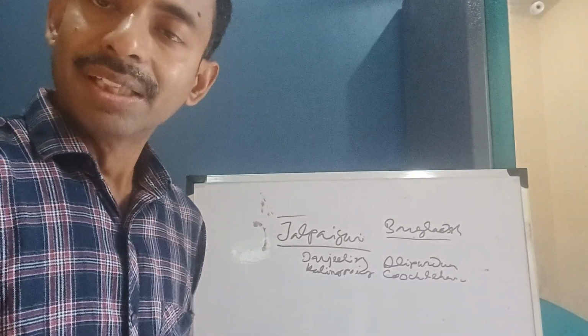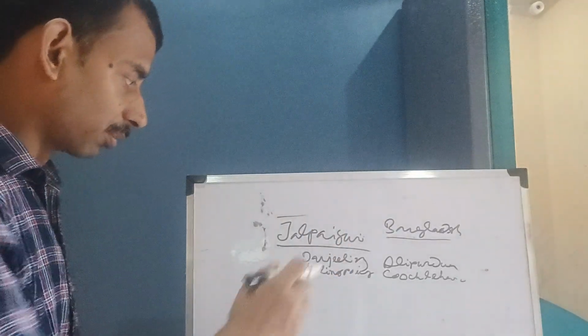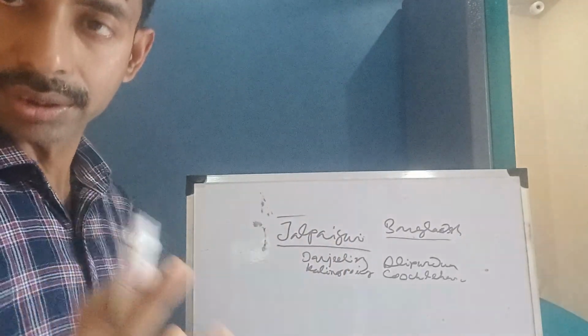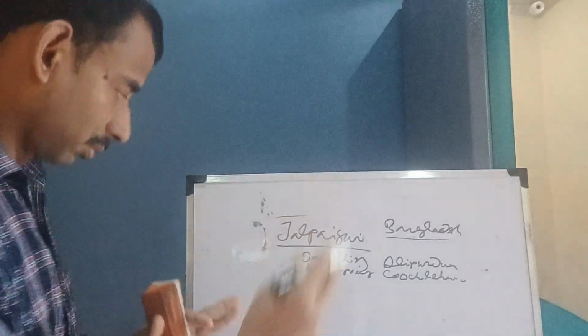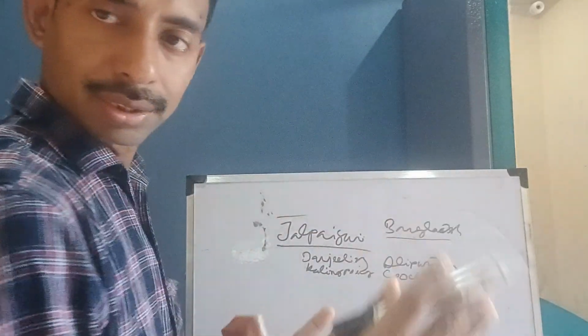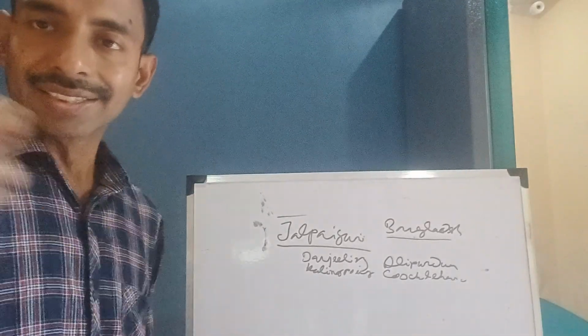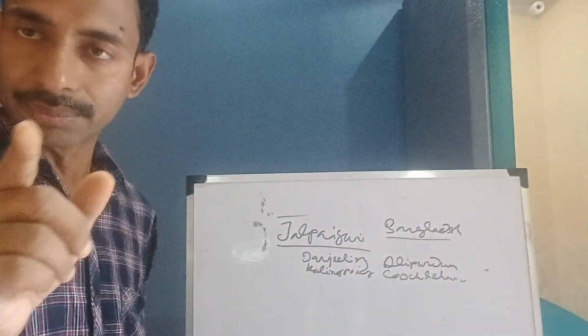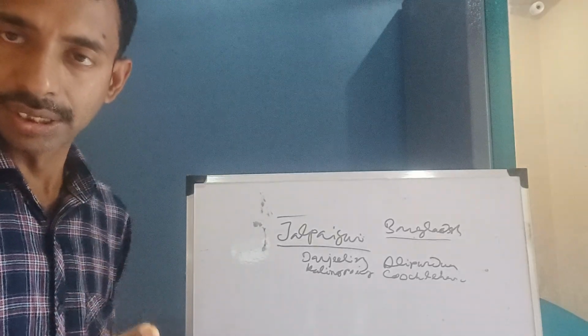In a similar way, Sikkim shares its border with Darjeeling district. So there is no border between Jalpaiguri and Sikkim. And China shares its border with Sikkim and Arunachal.